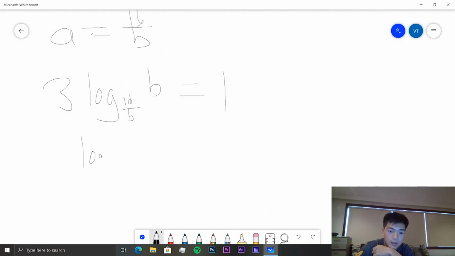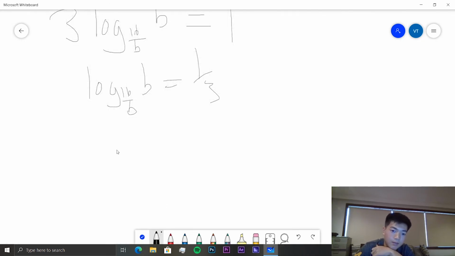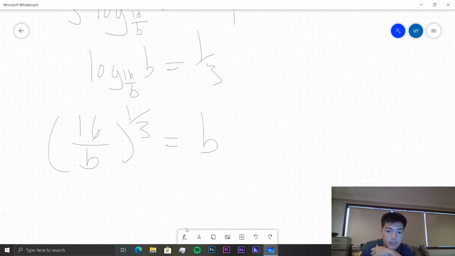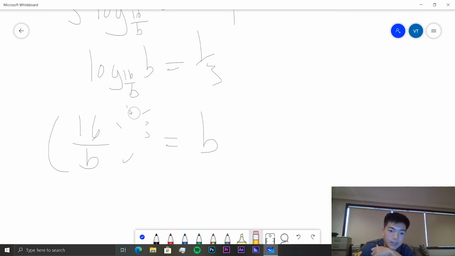So log_(16/b) b is equal to 1/3. So we have 16 over b to the power of 1/3 is equal to b. Or in other words, 16 over b is equal to b cubed.